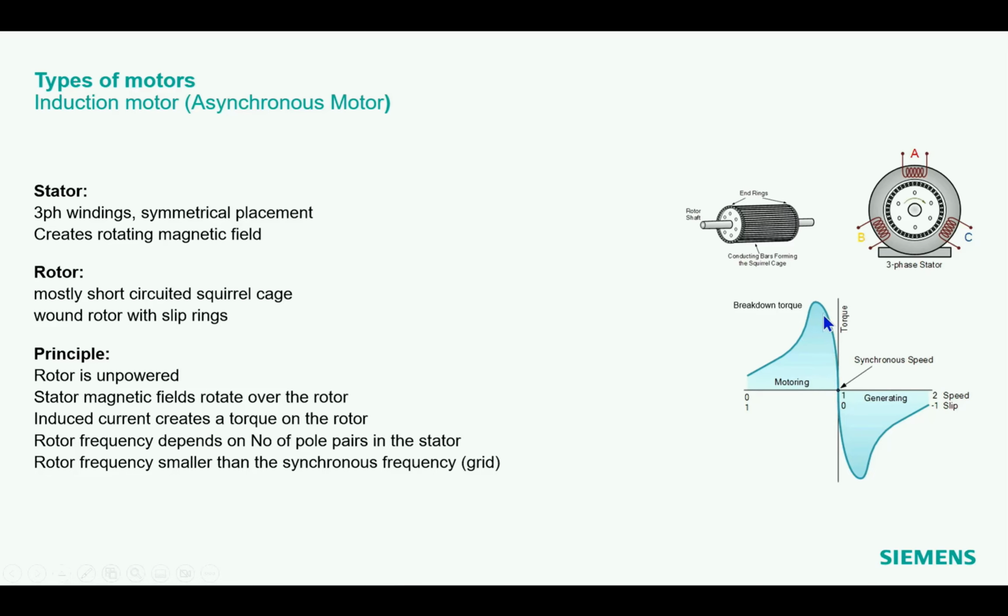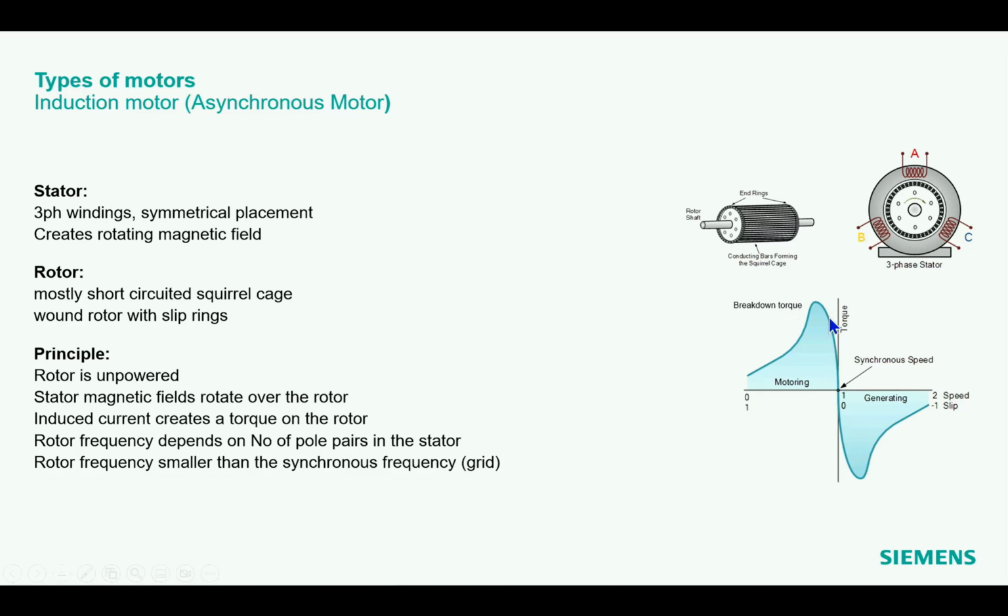So that means I have more torque, and then I get a new stable point. So basically we are working on this part of the characteristic, depending on how much load is on the motor and how much power the motor must deliver. And this continues until a certain point, and if the required torque or power is too big, then we move over this breakdown torque.